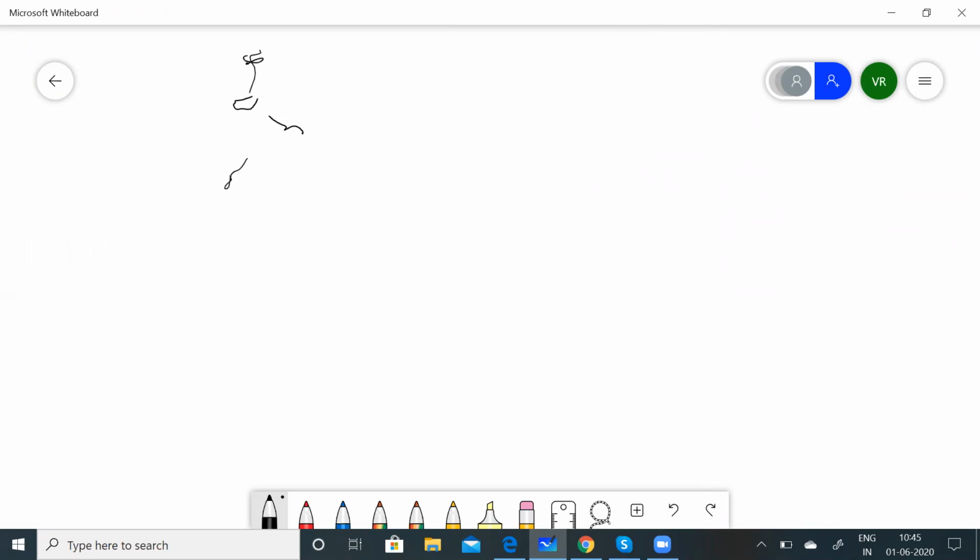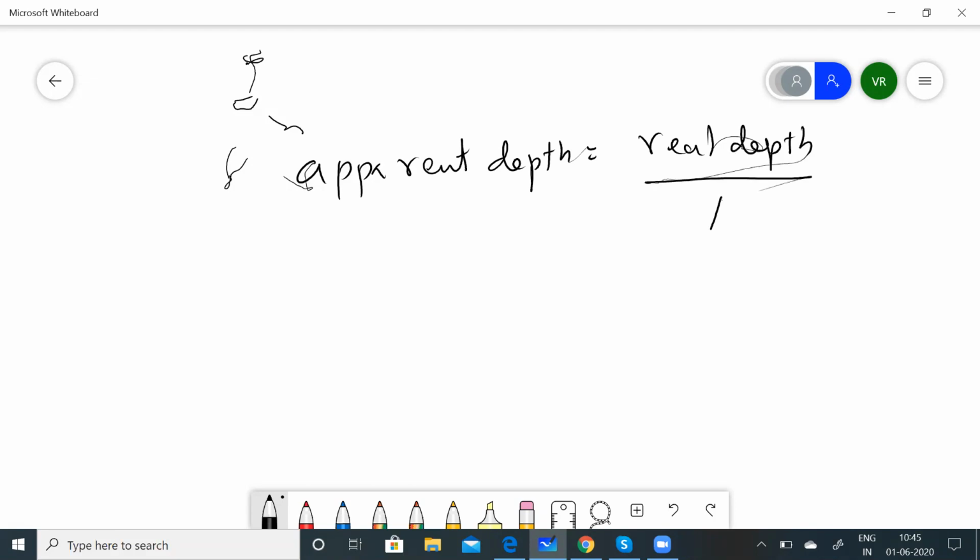So you can write it as apparent depth is equal to real depth by mu. The real depth is given as 3 and the mu is given as 1.5, which is equal to 2 centimeters.